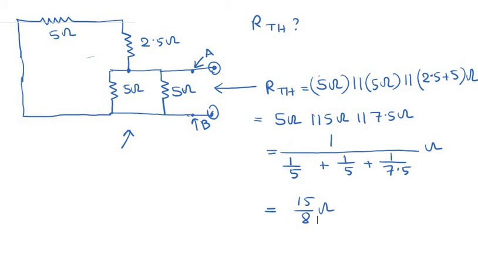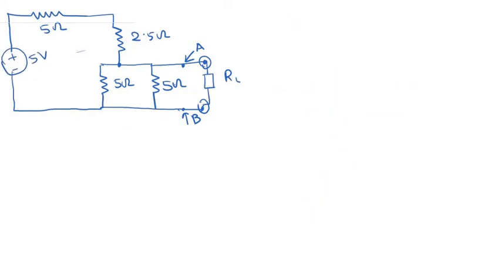Now Thevenin's theorem basically states that any network containing independent voltage sources and current sources and a network of resistors can be replaced by a single voltage source and a single resistor in series with the voltage source.